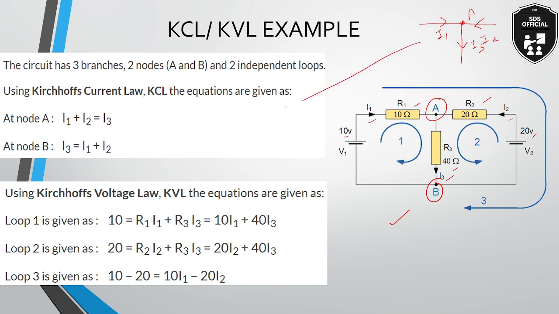So the expression for this node by applying KCL would be I1 plus I2 is equal to I3, or the currents in the same direction will be taken as positive and currents in the opposite direction will be taken as negative. So both these equations are true by using KCL. Any doubt, beta?